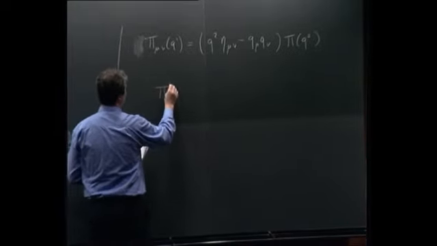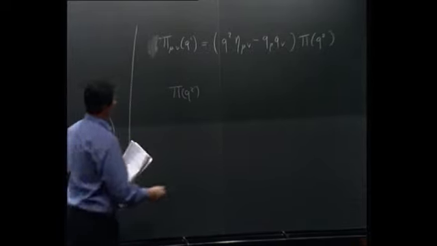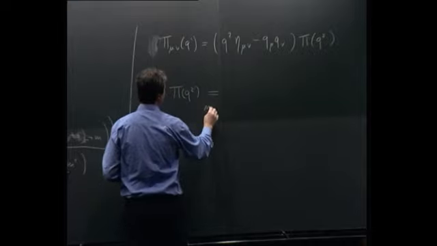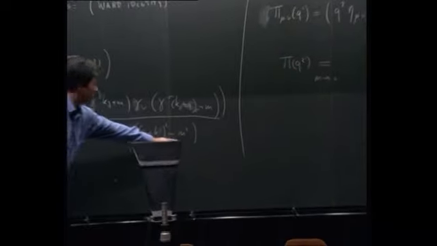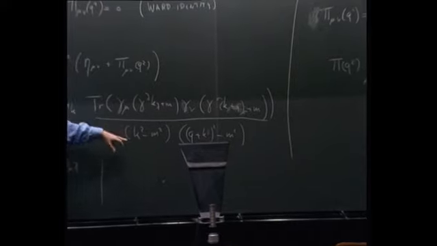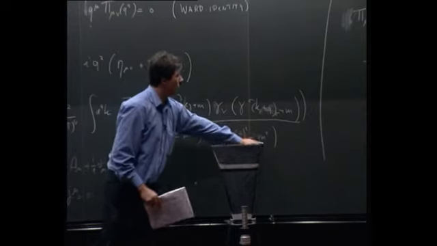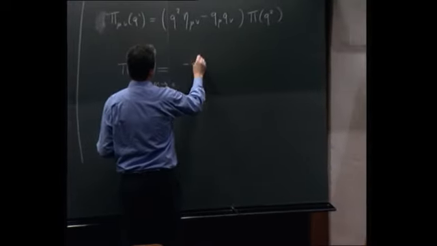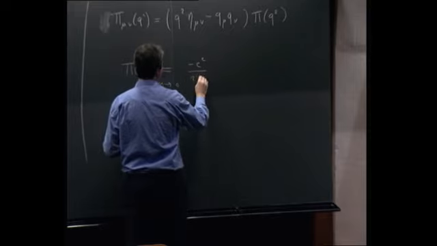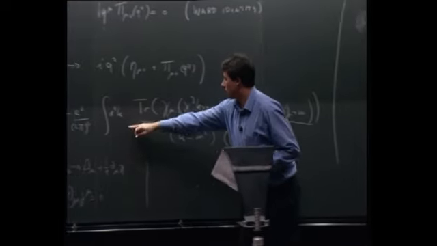I'll just write down for you an expression for pi of q squared, in a limit where I assume that q squared and also the loop momenta k are large, so that I can ignore the m squared in here. And so I'll end up with a simplified expression which still has the same integration over the loop momentum k.